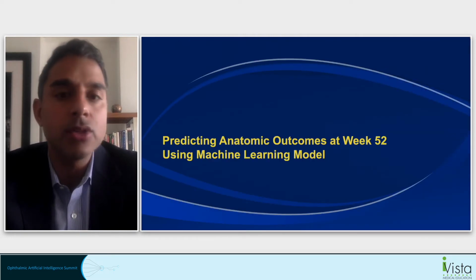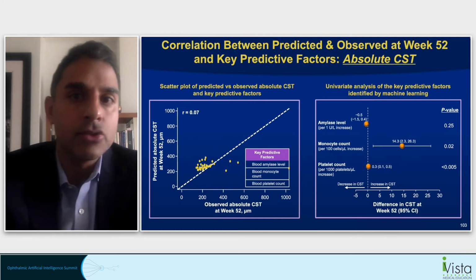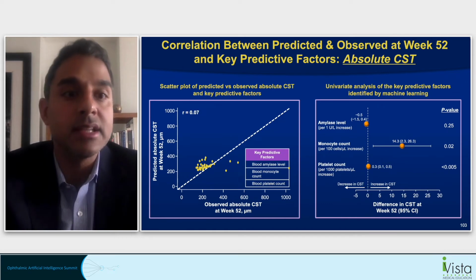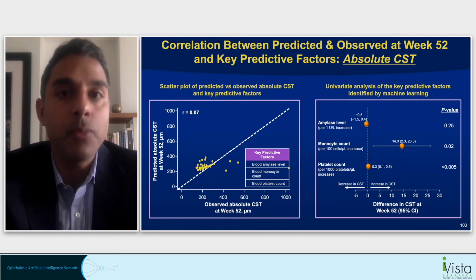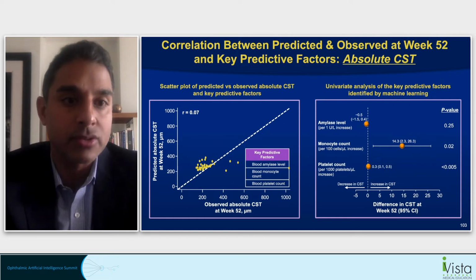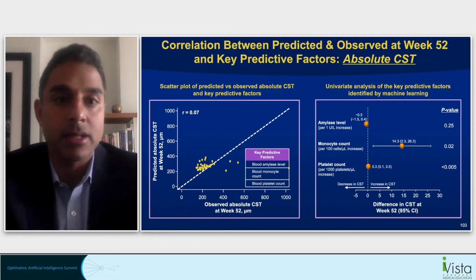And then we're moving on to understanding anatomic outcomes at week 52. When we look at absolute central subfield thickness, the model is not able to predict in any way what the absolute central subfield thickness would be. Here we have observed absolute central subfield thickness on the x-axis, and predicted absolute central subfield thickness on the y-axis.